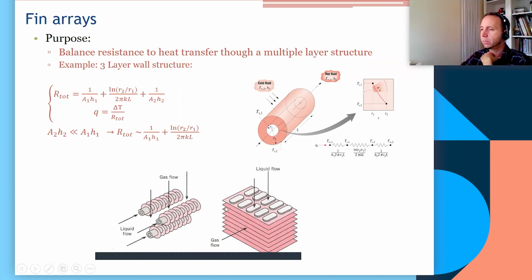And the reason for that is because the h coefficient that's characterizing convection heat transfer is always going to be lower, for the vast majority of cases, unless you have a gas that undergoes a phase change, h is always going to be lower for the gas than the liquid.